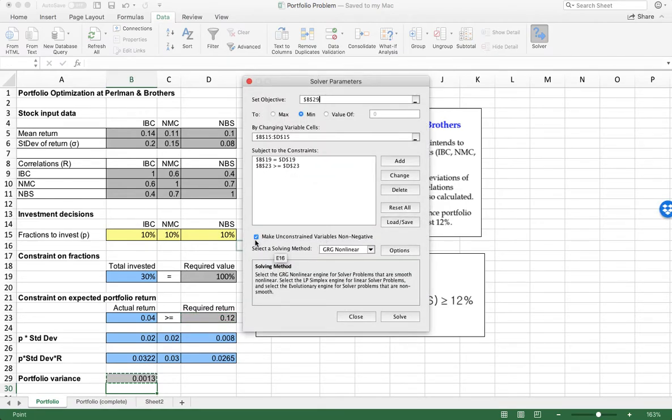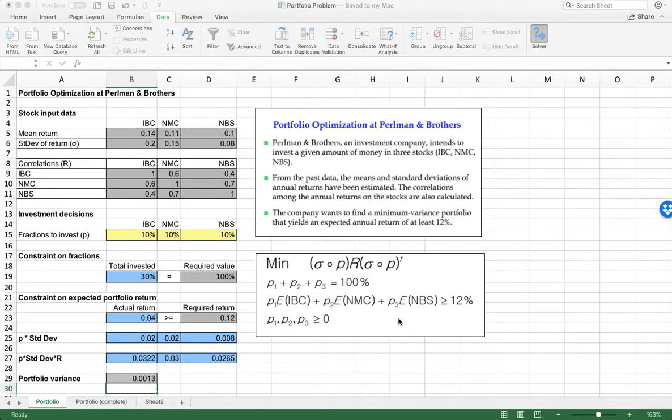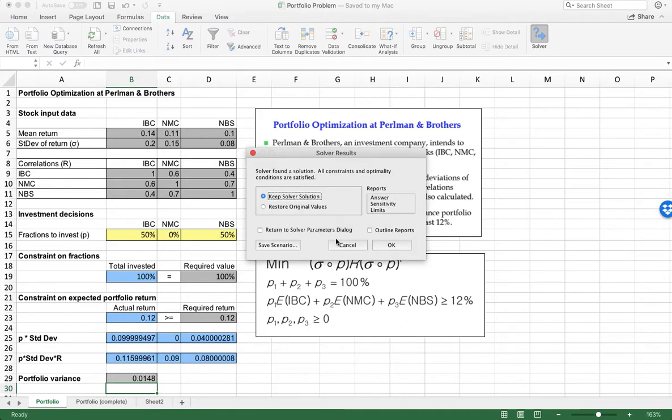And make sure that you check this checkbox because my decision variables are all non-negative. And choose the solver nonlinear and hit OK. Solve. Then it says the solution has been found, and hit OK.